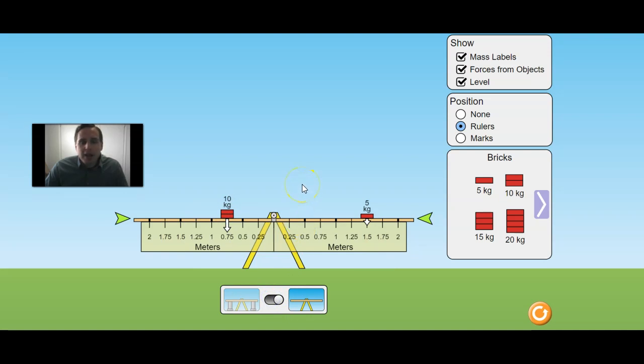So there are lots of ways to get this teeter-totter seesaw balanced. You can play around with these things. Make sure you understand rotational equilibrium: the sum of the forces has to be 0 for equilibrium to exist, but the sum of the torques must also be 0 for total mechanical equilibrium.